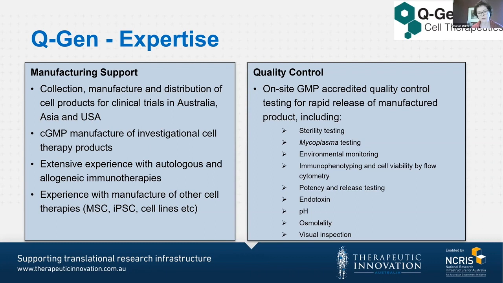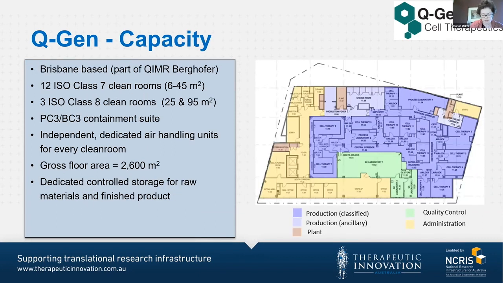They also have on-site GMP accredited testing platforms for rapid release of manufactured products, and this includes sterility testing and mycoplasma testing, immunophenotyping, potency and release testing, and other essential testing criteria. QGen is part of the QIMR Berghofer and has 12 ISO 7 clean rooms and 3 ISO 8 clean rooms, as well as a PC3 containment suite. It has dedicated controlled areas for raw materials and finished products and looks a fabulous facility.